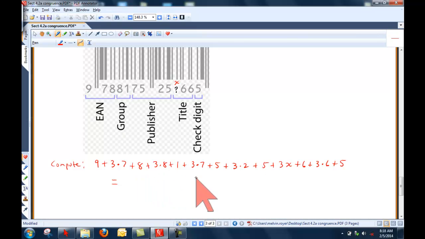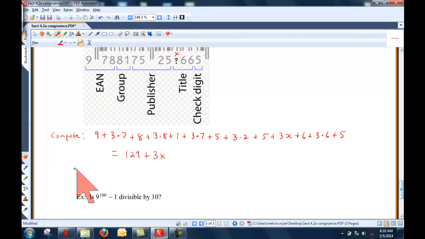All of the terms except the one containing the x add up to 129 plus 3x. And so what I'm going to do then is set 129 plus 3x congruent to 0 mod 10.